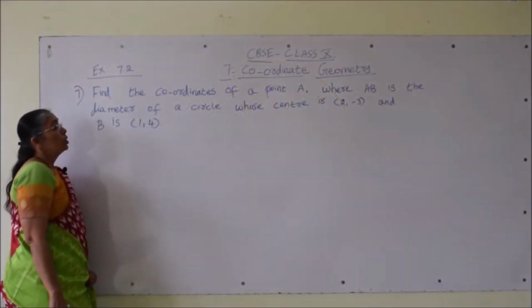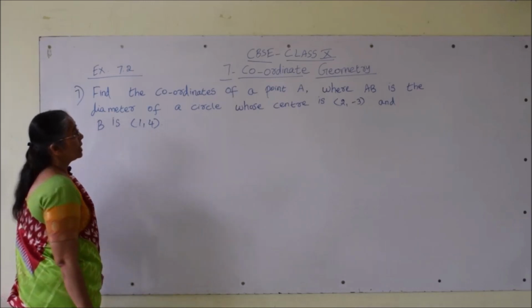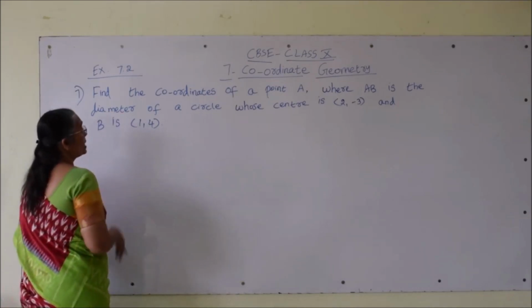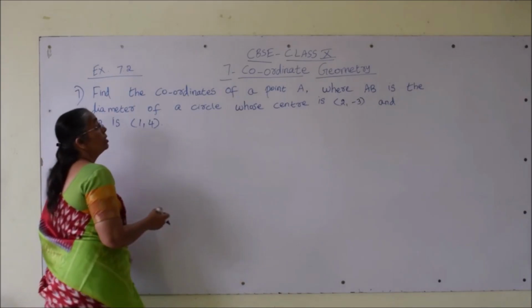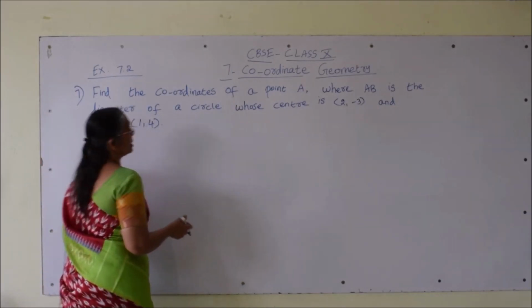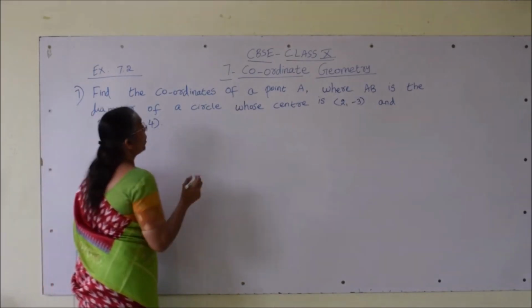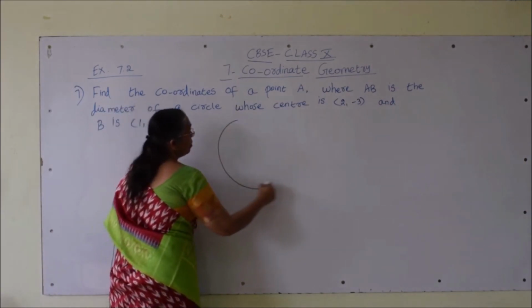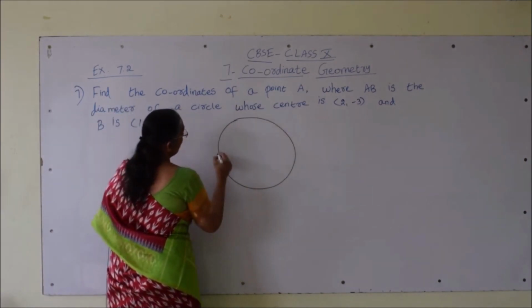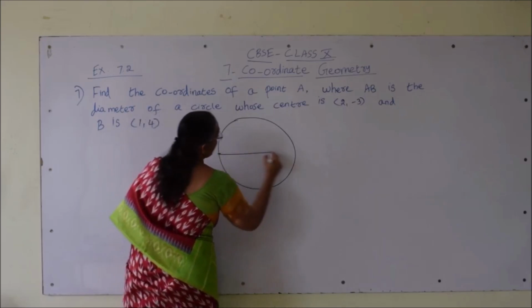Seventh problem, find the coordinates of a point A where AB is the diameter of a circle whose center is (2, -3) and B is (1, 4). So, a circle is given. For this circle, AB is the diameter.